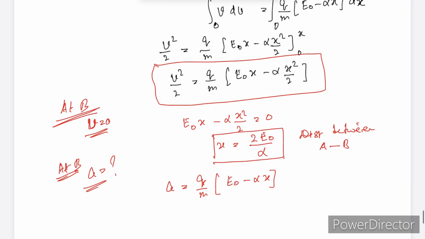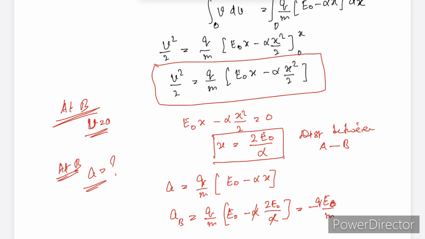If we put the value of x, then a at B will be q upon m into (E0 minus alpha into 2E0 upon alpha), and this will be nothing but, as alpha cancels out, minus qE0 upon m.